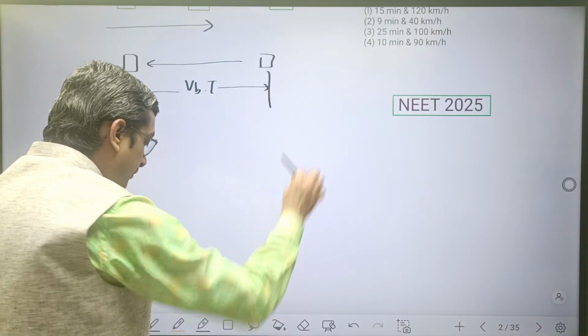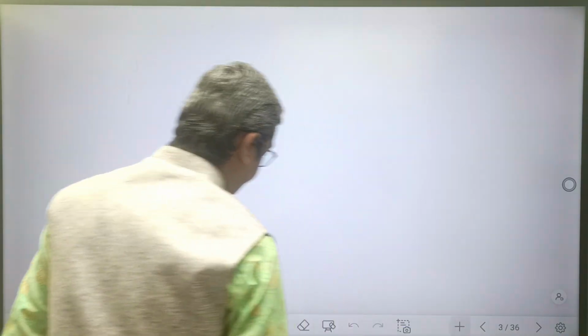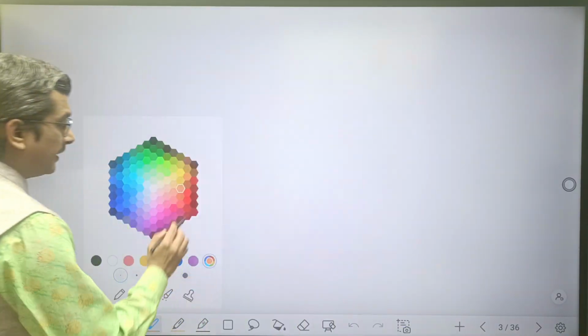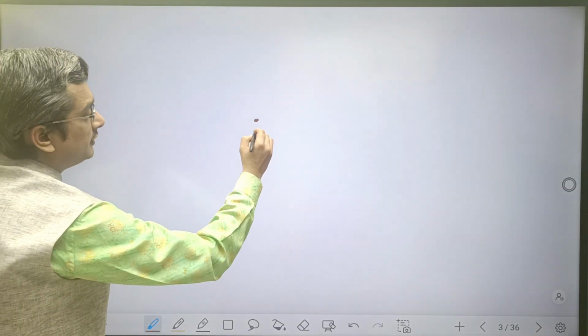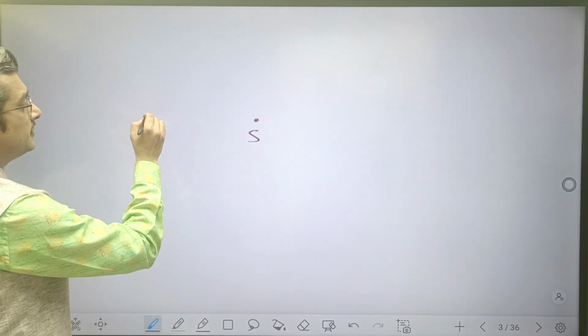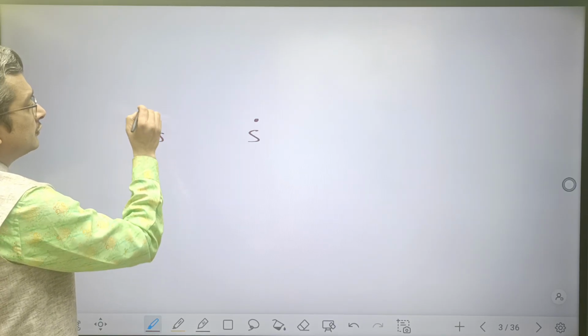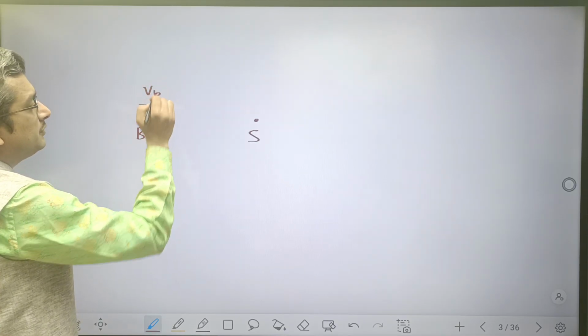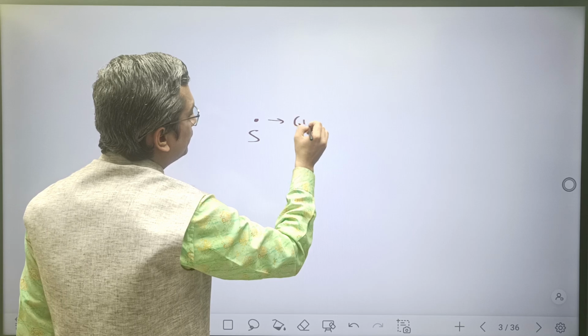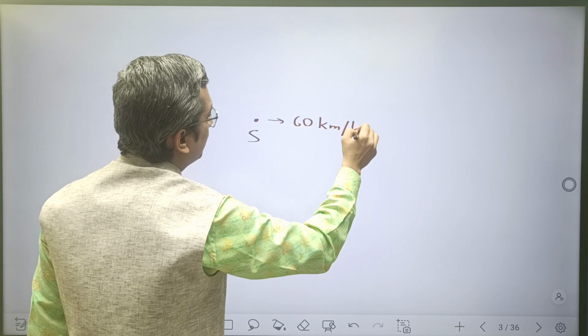So you can express this situation as, suppose here it is scooty and here it is bus. The bus is moving with a speed Vb, and the scooty is moving with a speed of 60 km per hour.